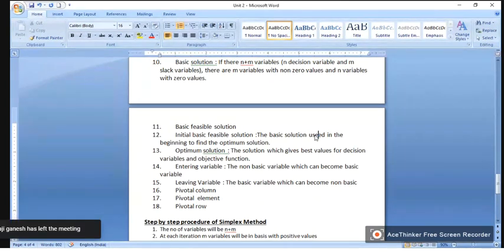Entering variable: the non-basic variable which can become a basic variable. Leaving variable: the basic variable which can become a non-basic variable. Pivotal column, pivotal element, pivotal row.